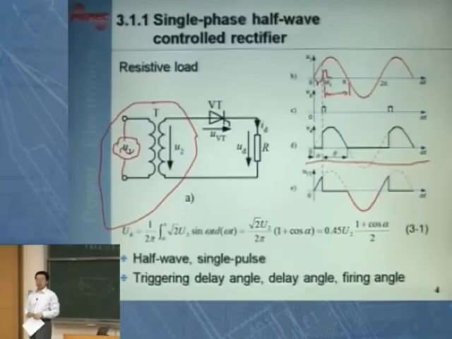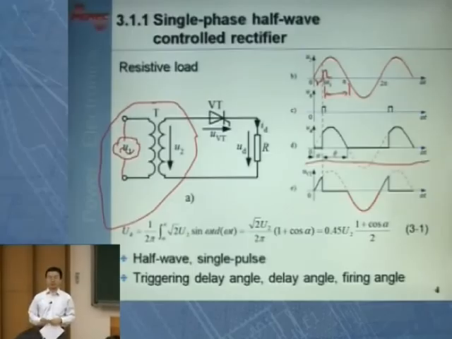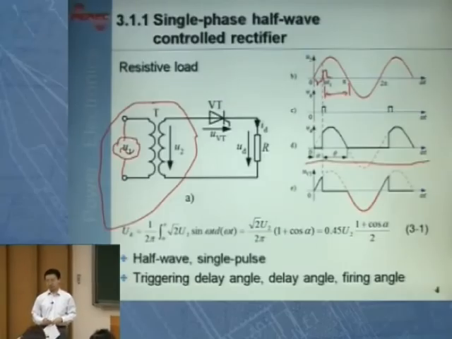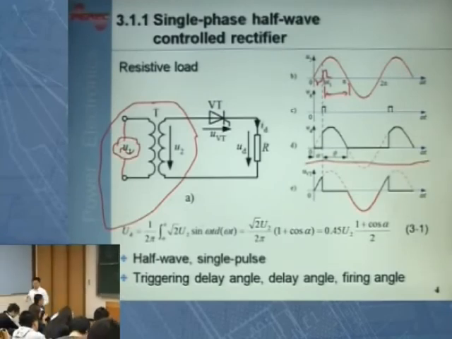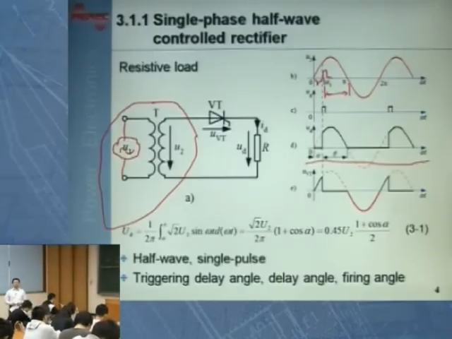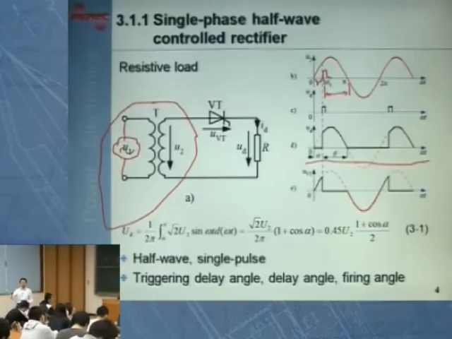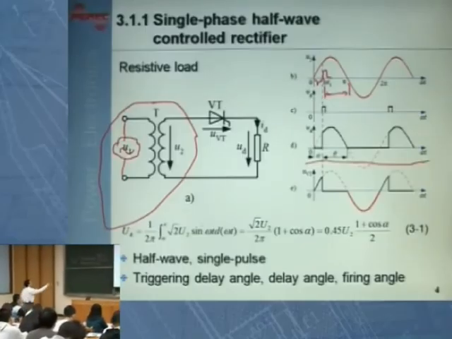Now, why is this called a controllable or controlled rectifier? It's not a difficult question. Why is this called a controlled rectifier? Yes, we can decide. We can control at what time we turn on the thyristor.